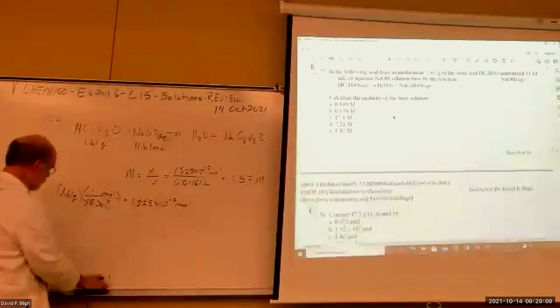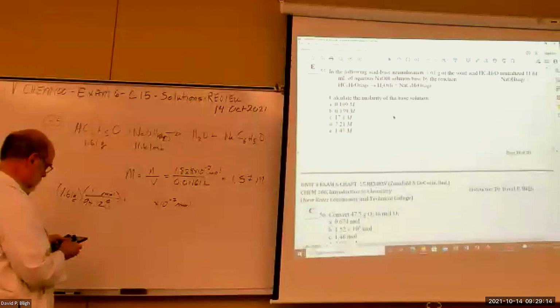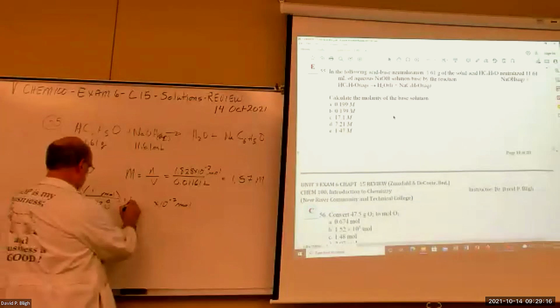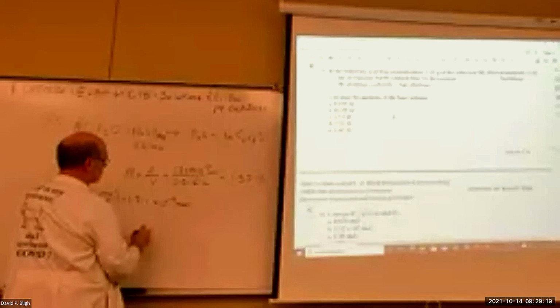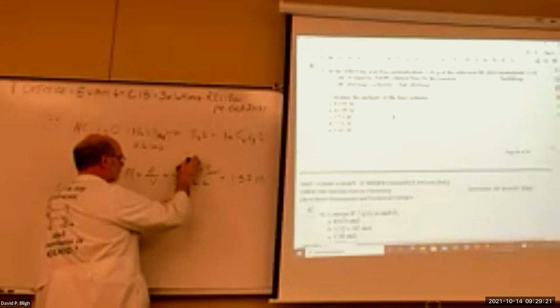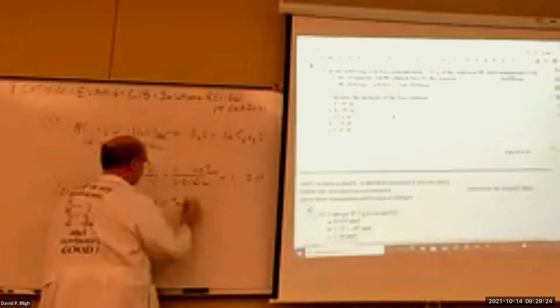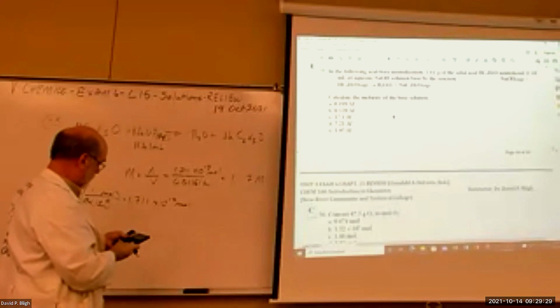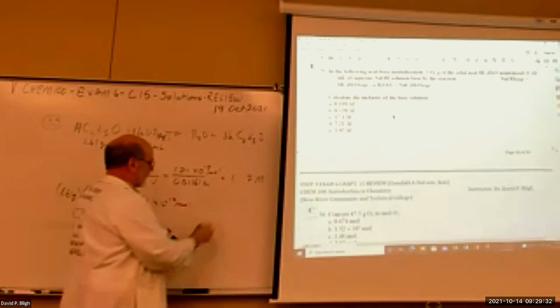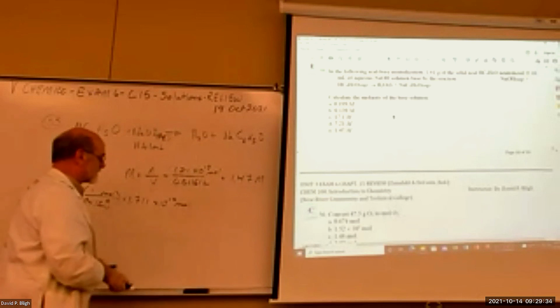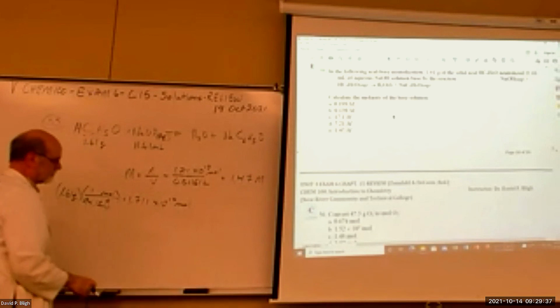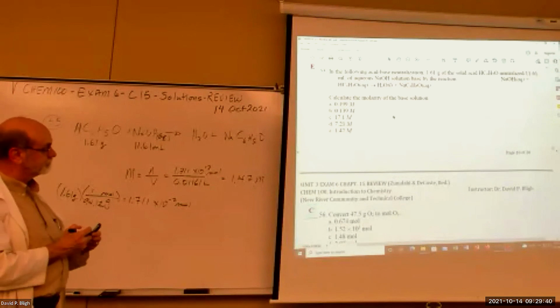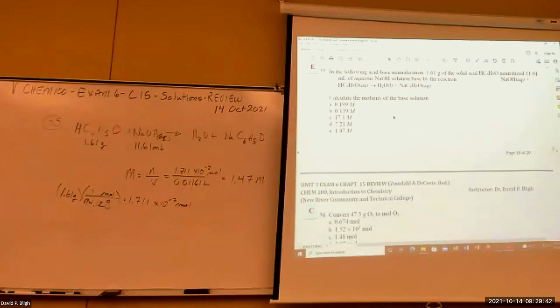There's a mistake. Okay. So this is going to be different. 1.711 divided by 0.01161. There we go. There's my mistake. Calculation error. That was 55.